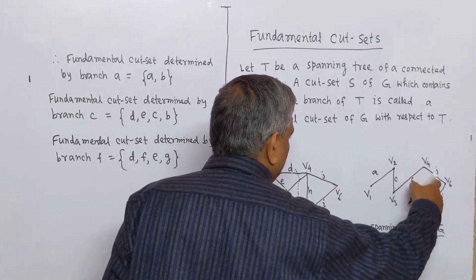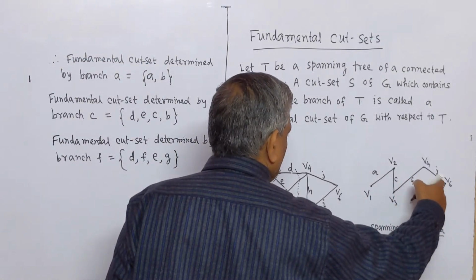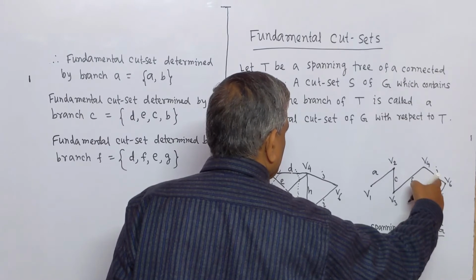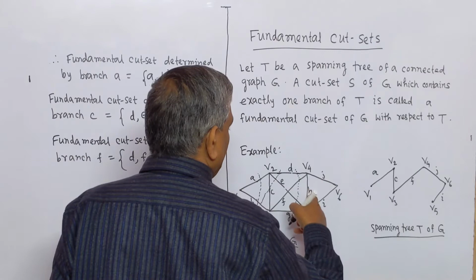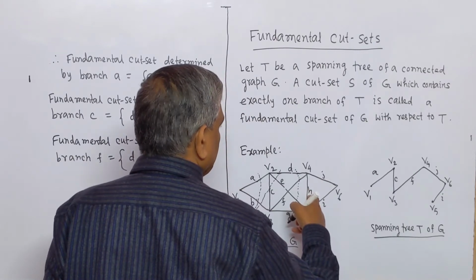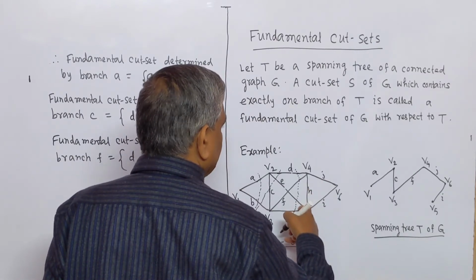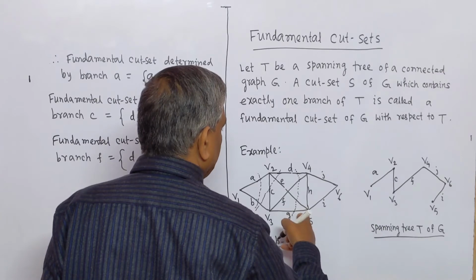Here J is a branch of the spanning tree T, and H is not a branch, E is not a branch, and G is also not a branch.